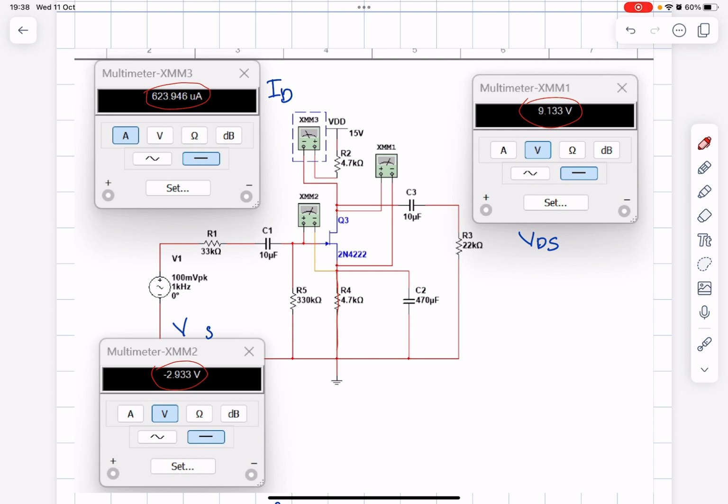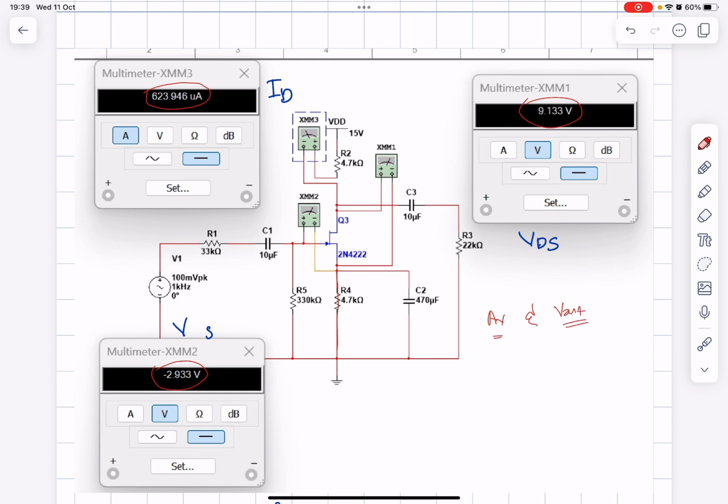Since you already found out what your ID, VDS and VGS are, this is only to bias the FET. But in biasing the circuit, you can obtain your Q point. Once you have the Q point, the important part is you want to calculate your voltage gain, or maybe if you get asked in a test to calculate your Vout.